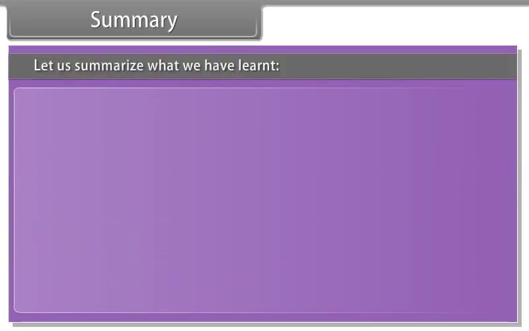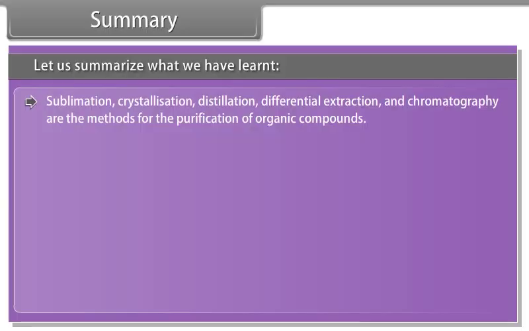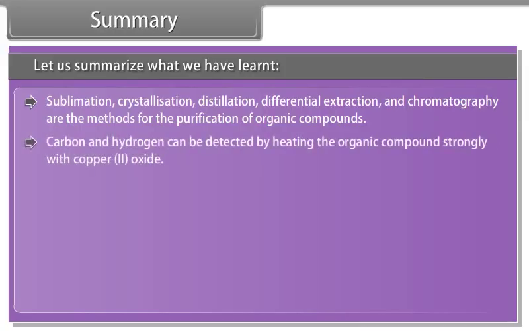Summary: let us summarize what we have learnt. Sublimation, crystallization, distillation, differential extraction, and chromatography are the methods for the purification of organic compounds. Carbon and hydrogen can be detected by heating the organic compound strongly with copper(II) oxide.